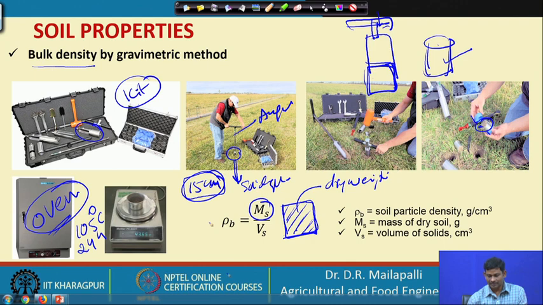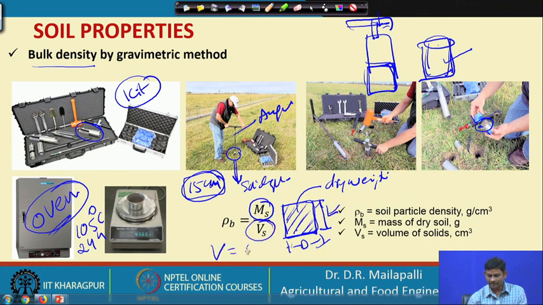MS is the dry weight, and since you know the soil core, the soil core has a length and a diameter. Knowing the length and diameter, you can find the volume.